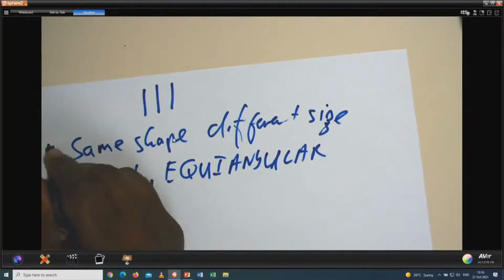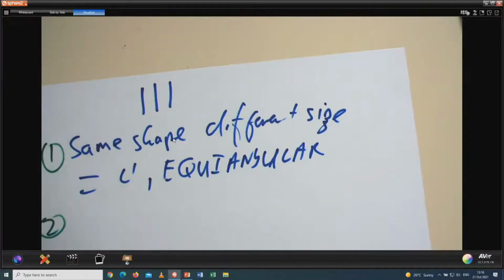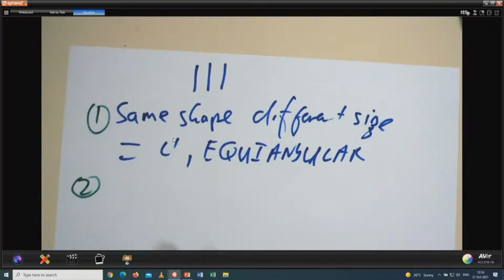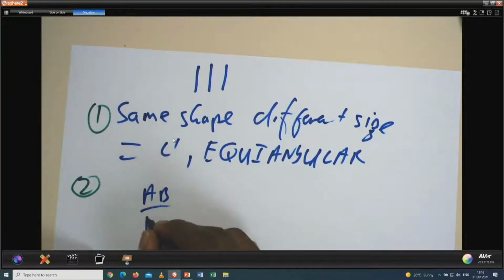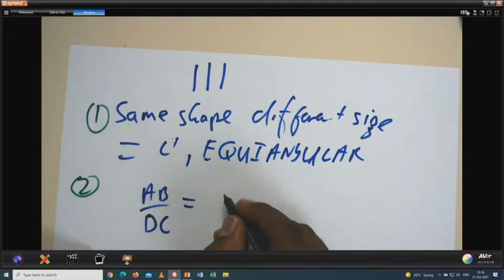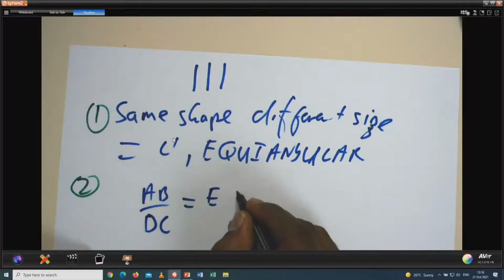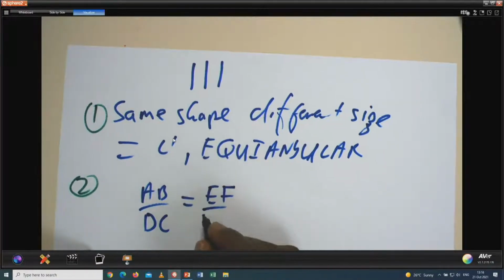Number one, similarity. Number two, proportionality. AB over DC should be equal to EF over GH.